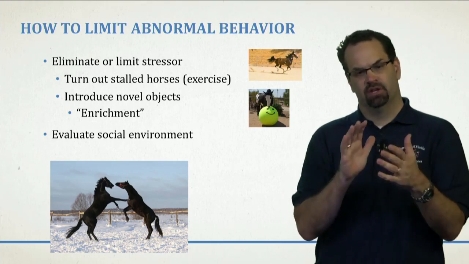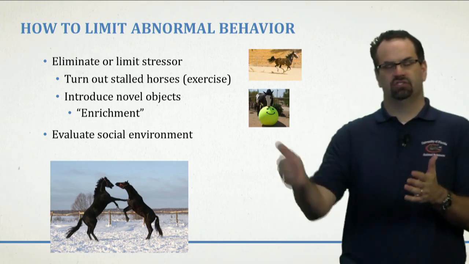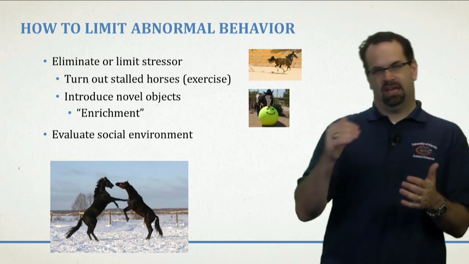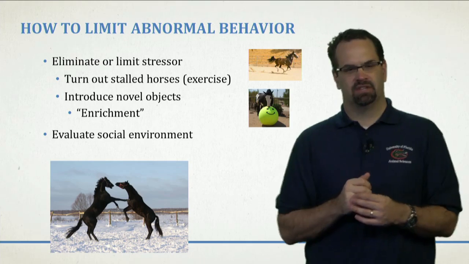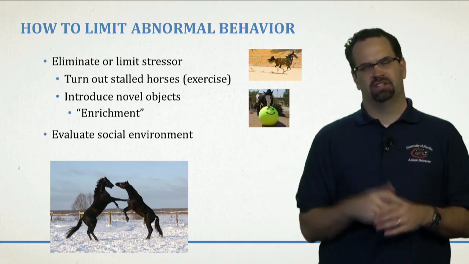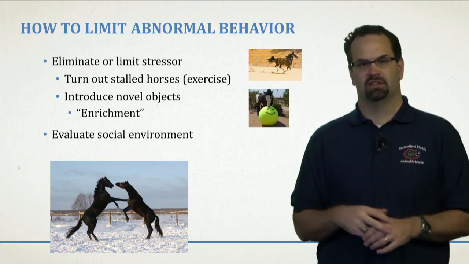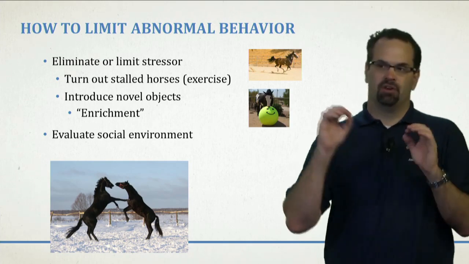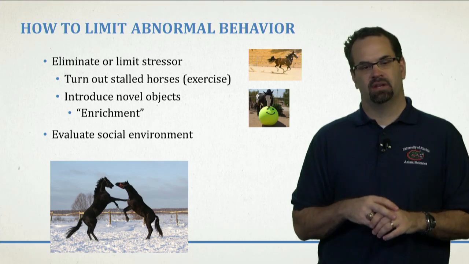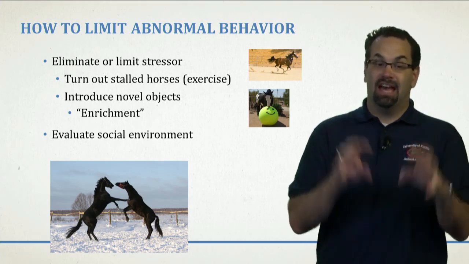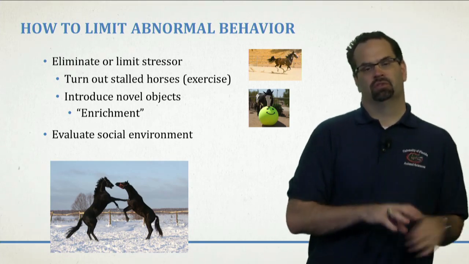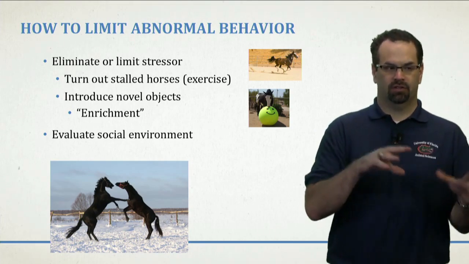Now, I will say this with intact males, so stallions and jacks, generally it's okay that they're by themselves, because in the wild they generally lead a solitary existence, and they're out and about by themselves, and they generally are okay. The other thing I would say with social environment is look at the herd structure.